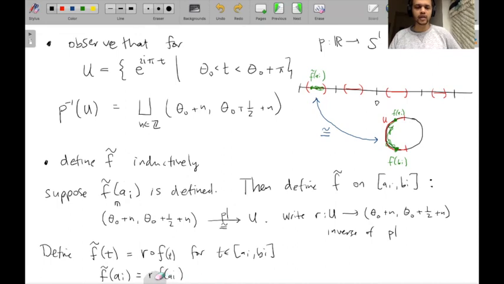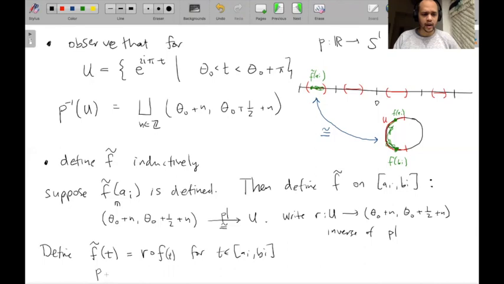And on the right-hand side, there is exactly one element in this red interval which contains a preimage of f of a_i, and that's exactly the point f tilde of a_i. So the left and right-hand side agree on a_i.